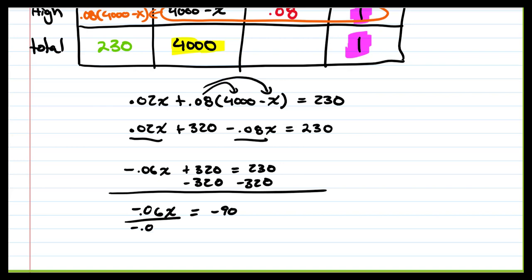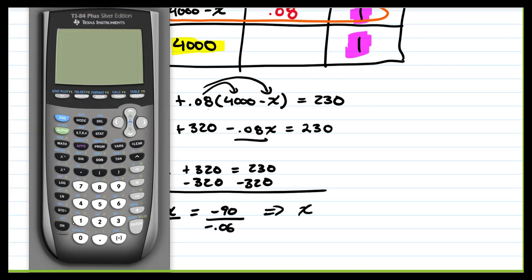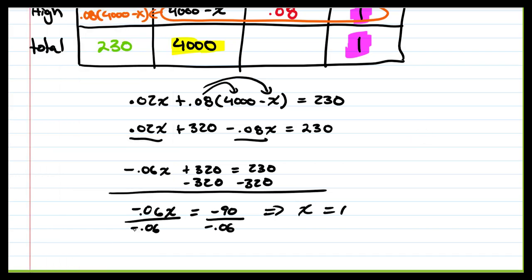Then we divide both sides by negative 0.06, and that gives us x is equal to negative 90 over negative 0.06, and we get $1,500. So x is 1,500.